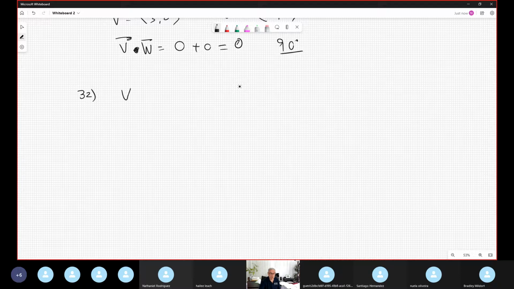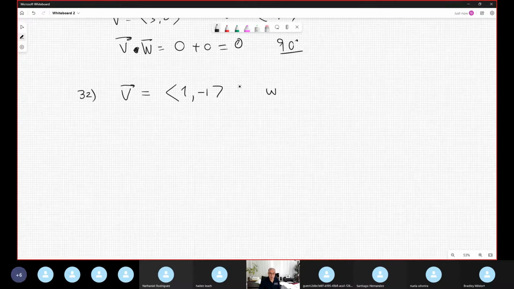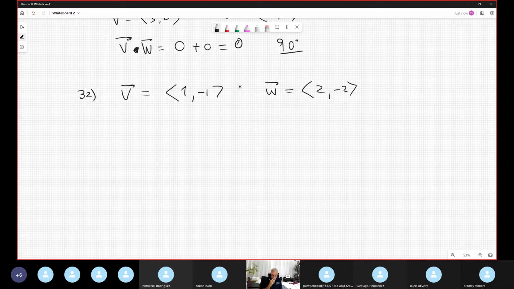32. 32 is the vector B equal to 1, comma negative 1, and the vector W is 2, comma negative 2. The idea is to determine if these vectors are perpendicular or parallel. For parallel, when you perform the problem you get a number, but I prefer another shortcut to do it fast.